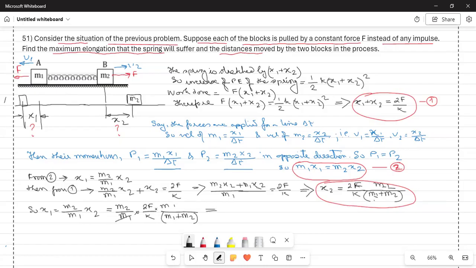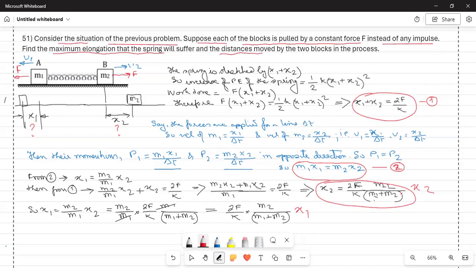So here m1 gets cancelled, and we have 2F by k into m2 by (m1 plus m2). So this is the value of x1. So this is x1, this is x2.